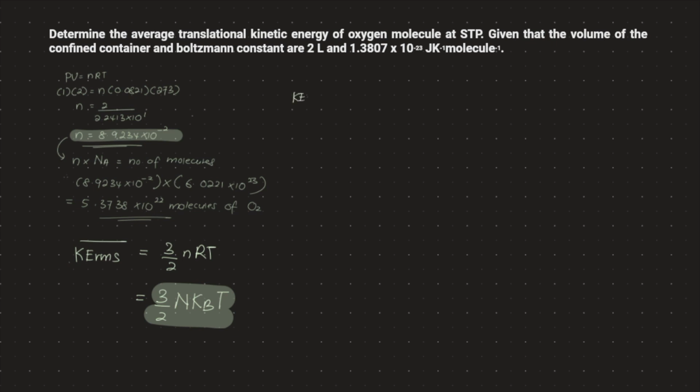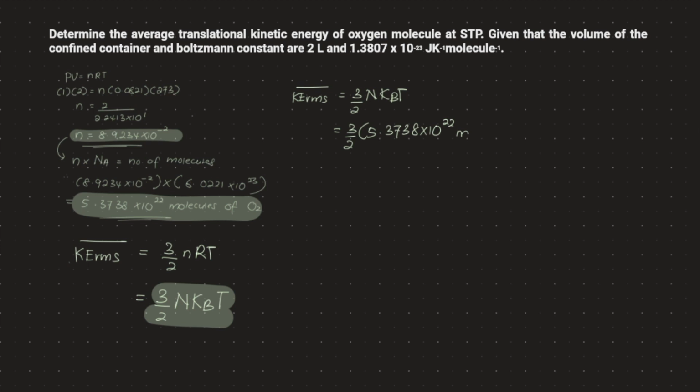KE RMS is equivalent to 3 over 2 N times the Boltzmann constant times temperature. So 3 over 2, your N is equivalent to 5.3738 times 10 to the power of 22 molecules.